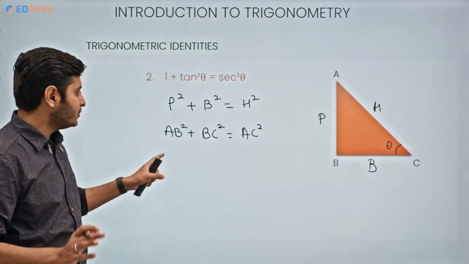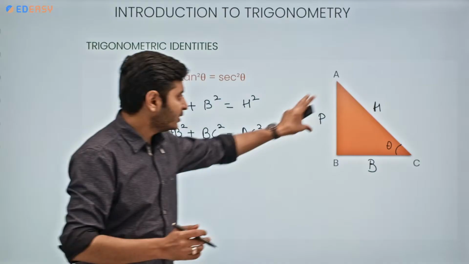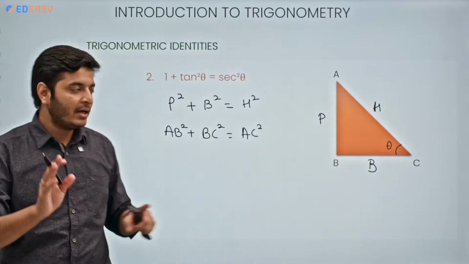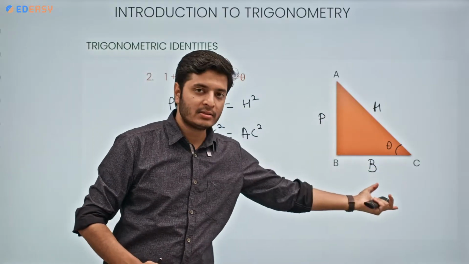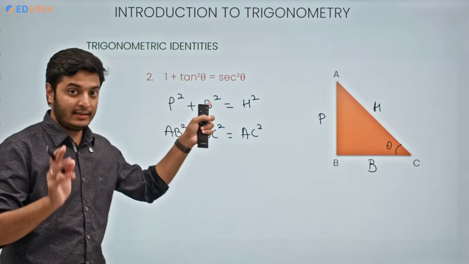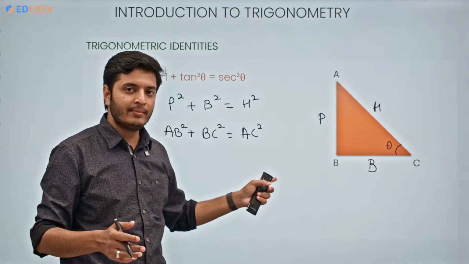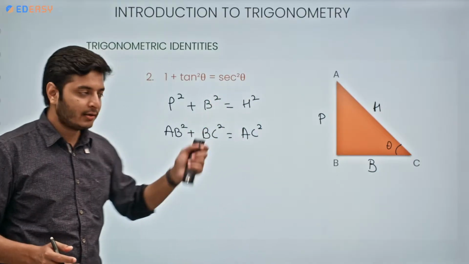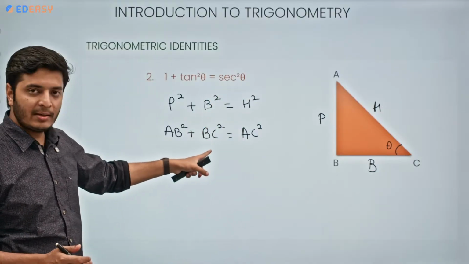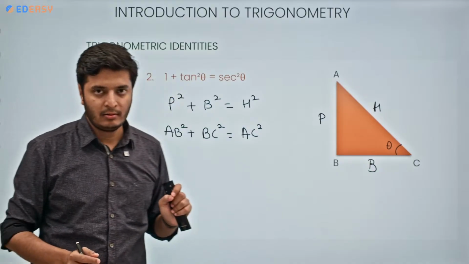That will solve two problems. Here I will be getting AB by BC. AB by BC is perpendicular by base, tan theta. I need tan theta, correct? And on the right side, I will be having hypotenuse by base. That will give me secant theta, and also BC by BC is going to give us 1, correct?